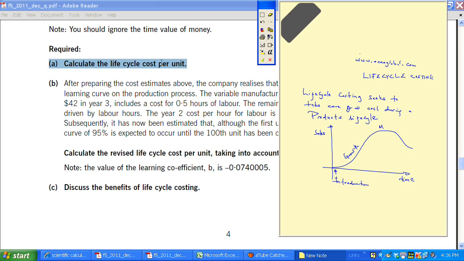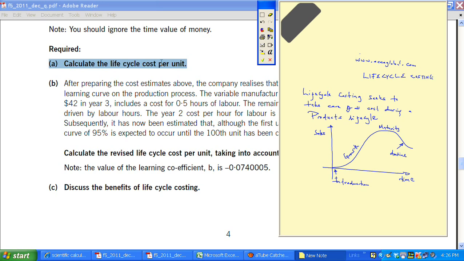Then at this point the product is at maturity. Then finally here you have decline.